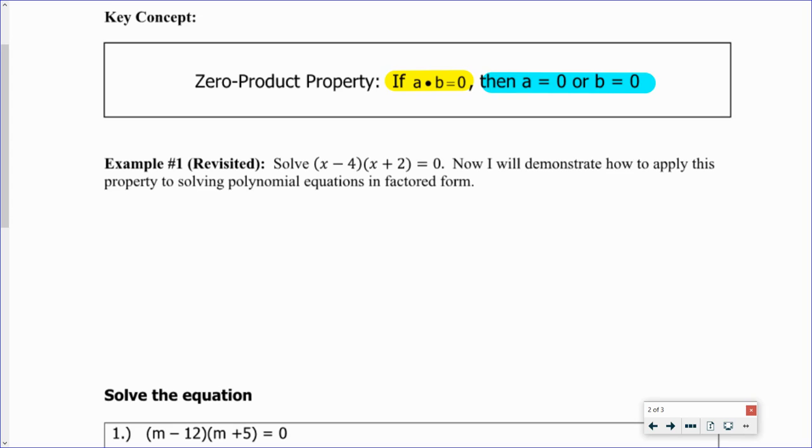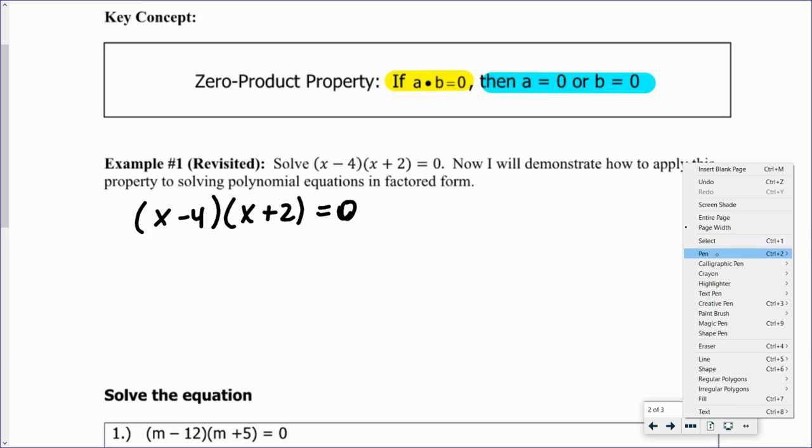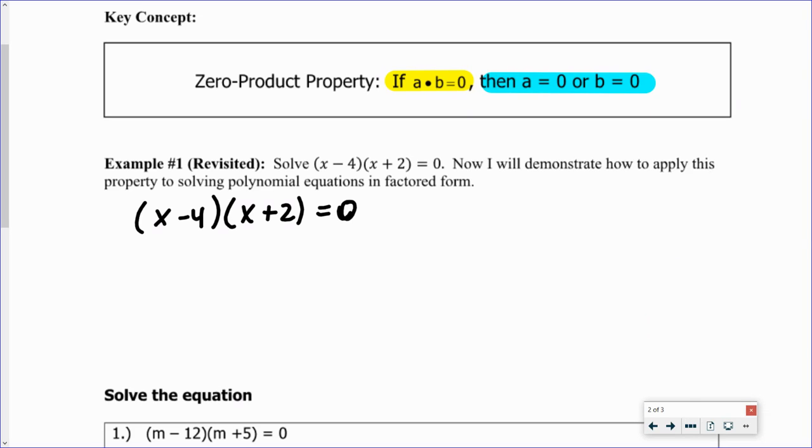So let's revisit example number 1 and use this property to help us solve the equation. Again, we have the equation x minus 4 times x plus 2 equals 0. Really what this is saying is, one number times another number has to equal 0.